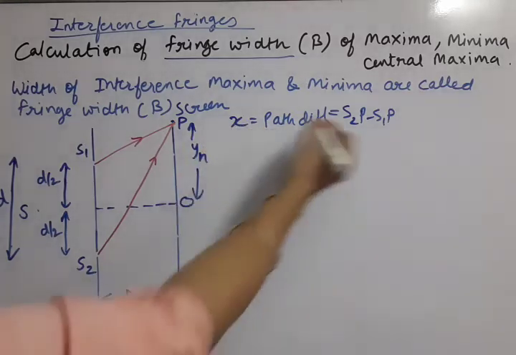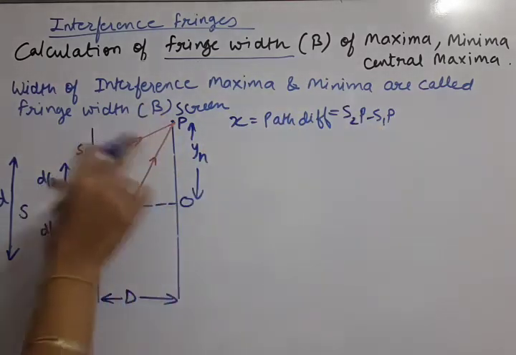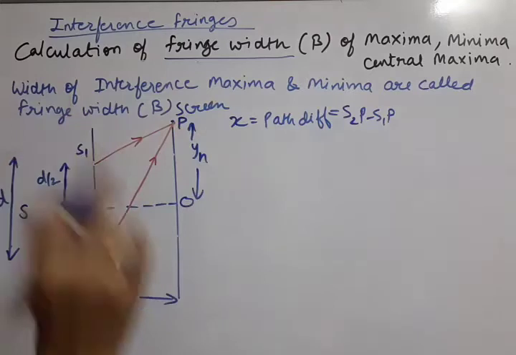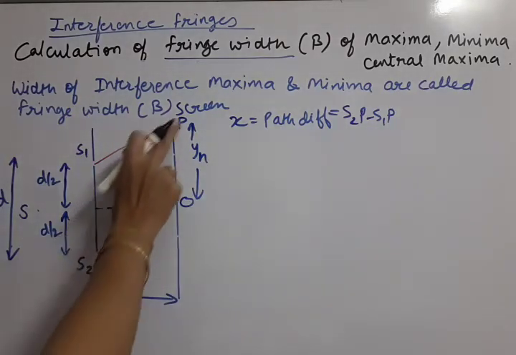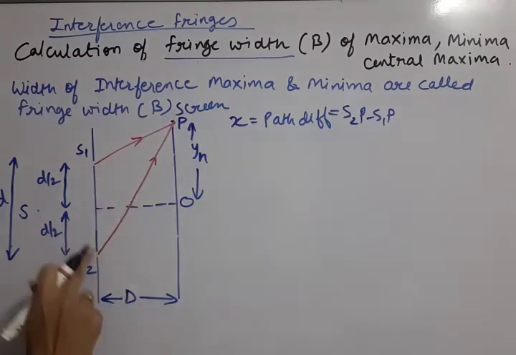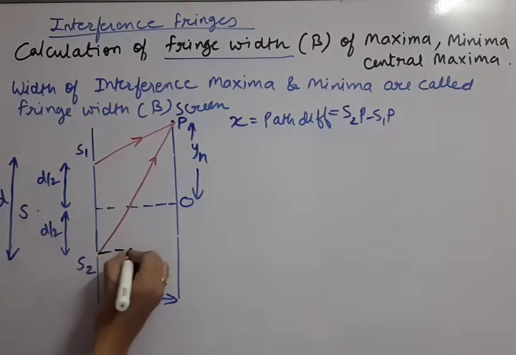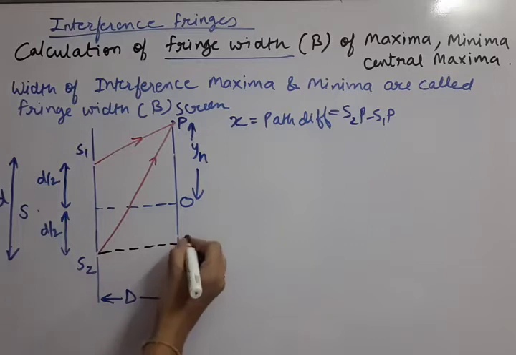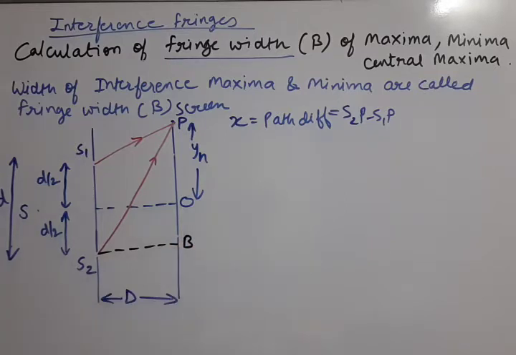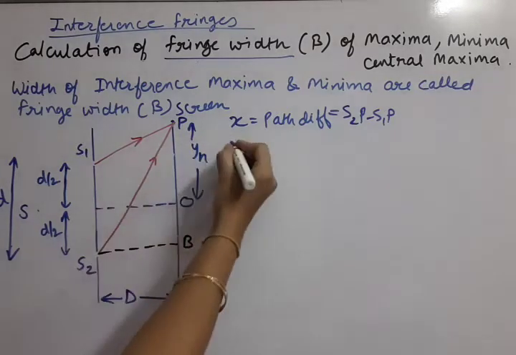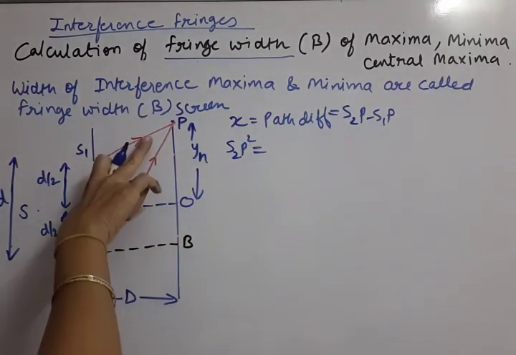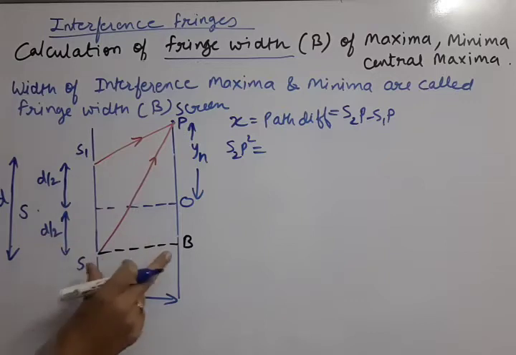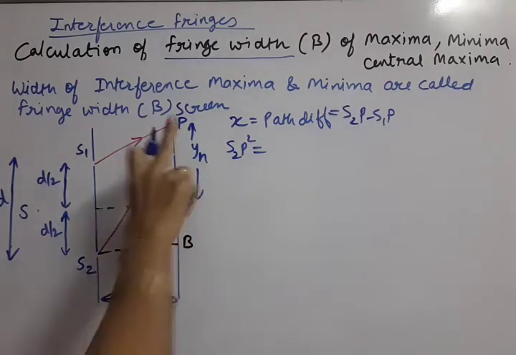To calculate this path difference, we will need the help of the Pythagoras theorem. Let us complete it. To calculate S2P, I have to join this triangle. Suppose this is point B. You can see S2P square is the hypotenuse square, which equals base square plus perpendicular square.